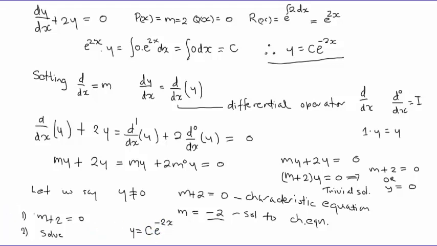Let me look at another example, this one. Let's say now dy/dx minus 3y equals 0. According to what we've said, we're going to set d/dx equal to m.